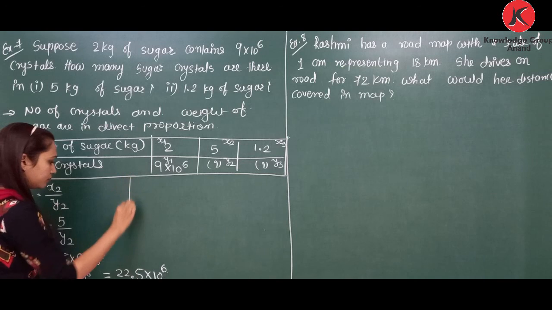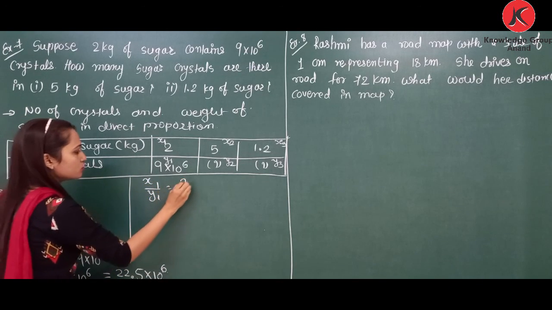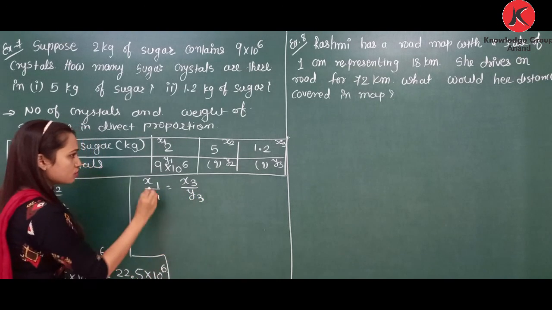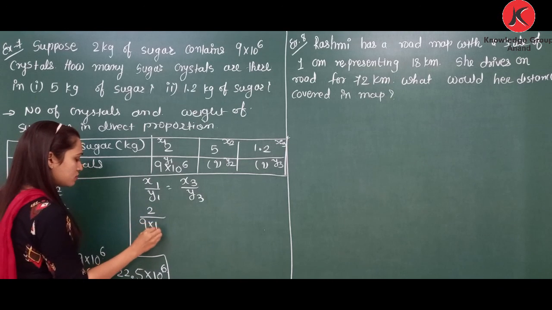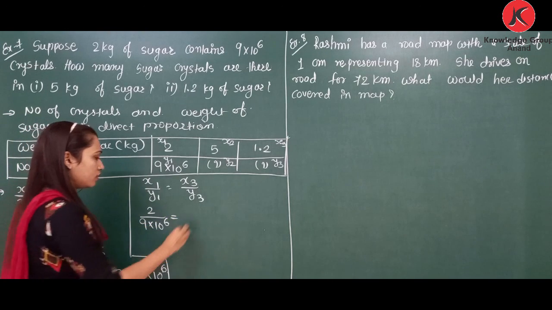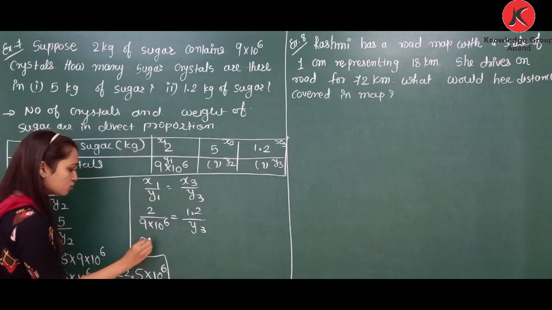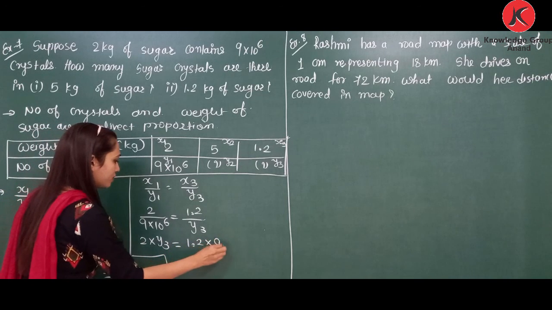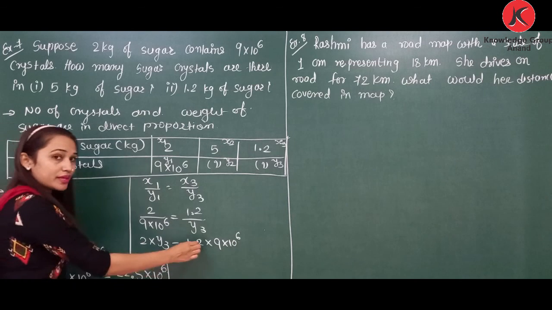Now next, x1 by y1 is equal to x3 by y3. So here x1 is 2, y1 is 9 into 10 raised to 6, x3 is 1.2 and y3 we need to find. Cross multiply. So 2 is multiplied with y3, and 1.2 is multiplied with 9 into 10 raised to 6. 2 will be in the divide.